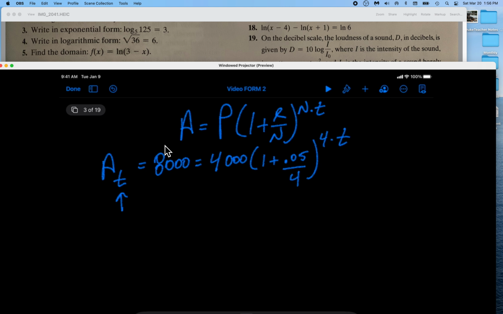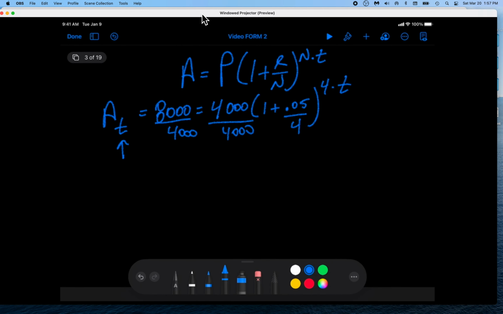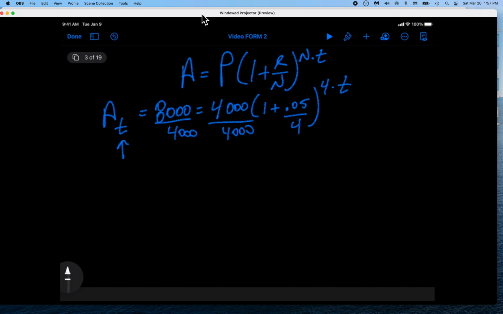Okay. First thing I would do here is divide both sides by 4,000. And we would now have 2 equals 1.0125 raised to the 4t.